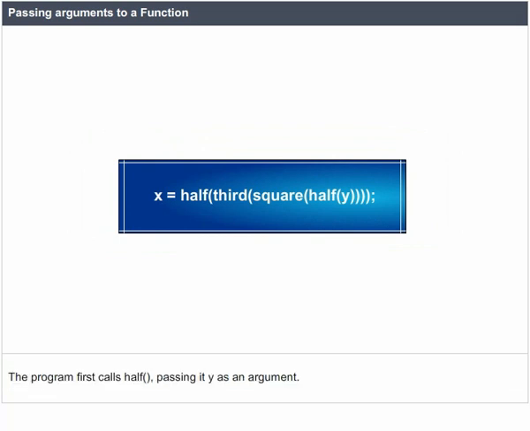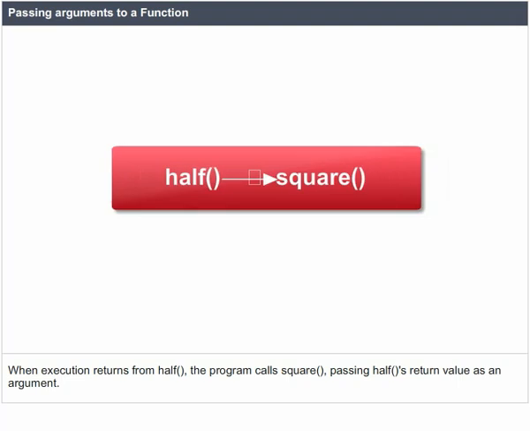The program first calls half(), passing it y as an argument. When execution returns from half(), the program calls square(), passing half()'s return value as an argument.